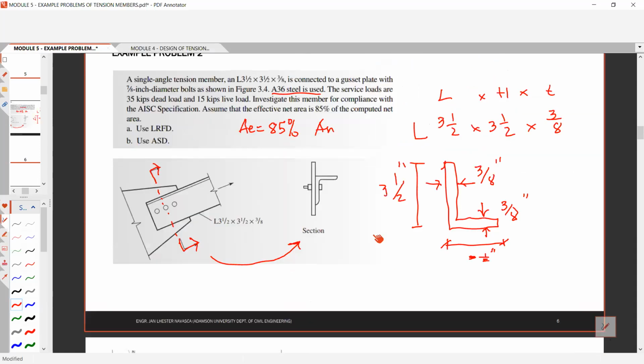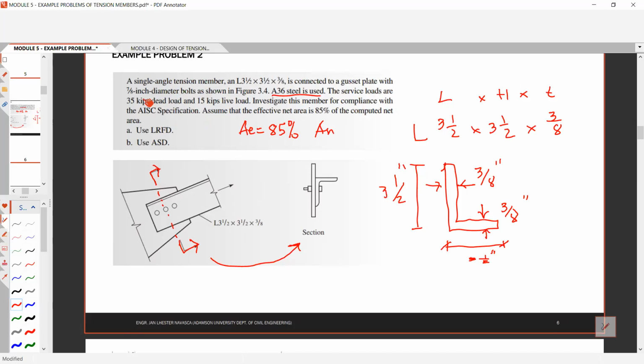According to the problem, we will be using 7/8 inch diameter bolts. Therefore, the diameter of the hole is 7/8 plus 1/8 inches, that is 8/8 or 1 inch diameter of the hole. How many holes in this cutting plane?